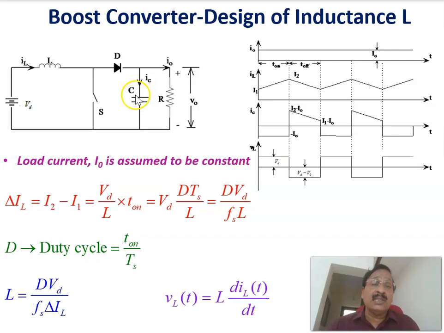If you see the capacitor current, when the switch is on, the load current is met by the capacitor. The capacitor is discharging, so IC equals minus I0, because we are assuming constant load current.